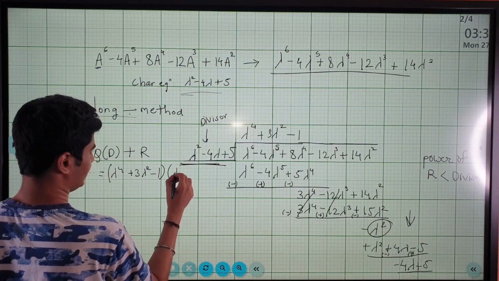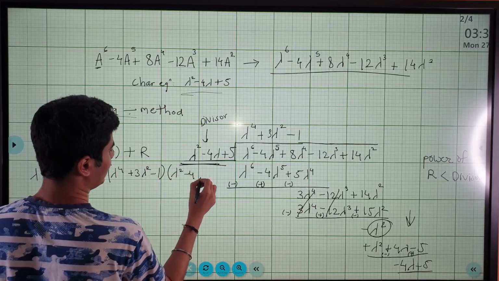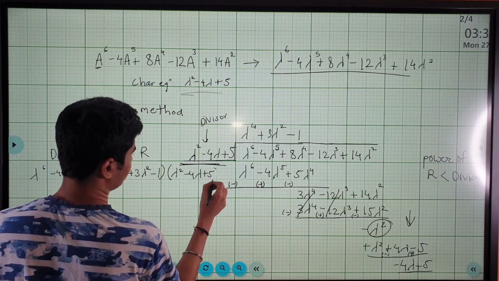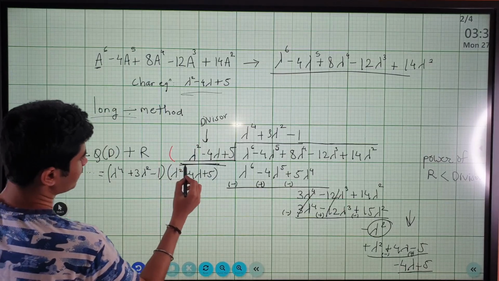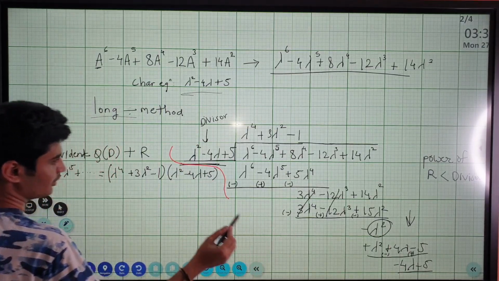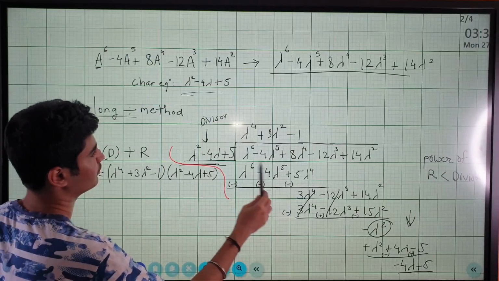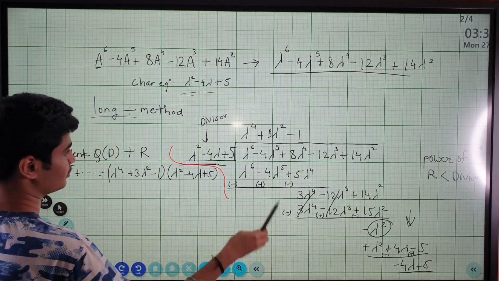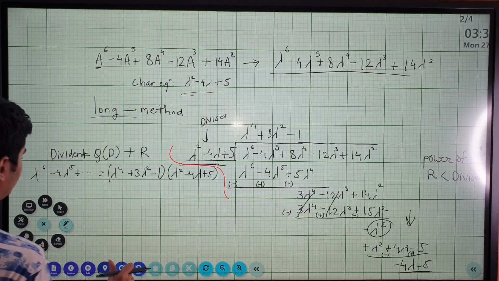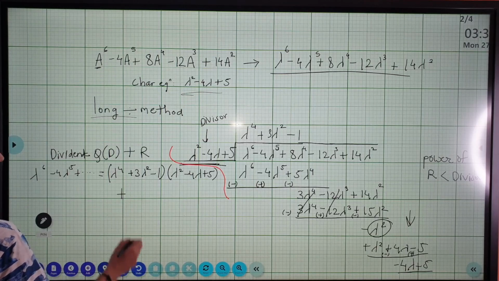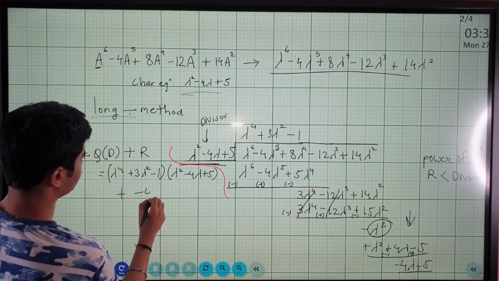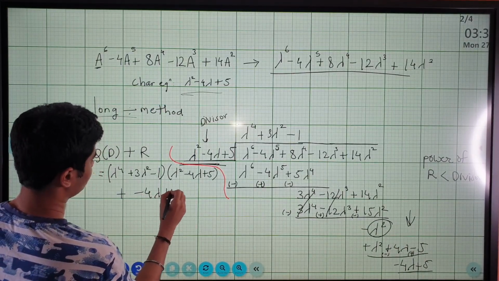Our divisor is lambda square minus 4 lambda plus 5. Let me make a separate line here. I am writing this on the same page so you will understand which one is the divisor and which one is the quotient in this long division method. Plus our remainder is minus 4 lambda plus 5.